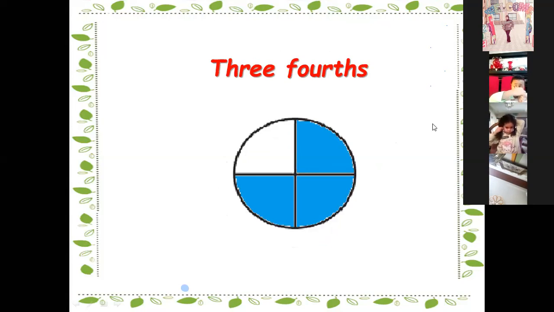If we colored 3 parts of the circle, it means we colored how many fourths? We colored 1, 2, 3 parts. It means we colored 3 fourths.